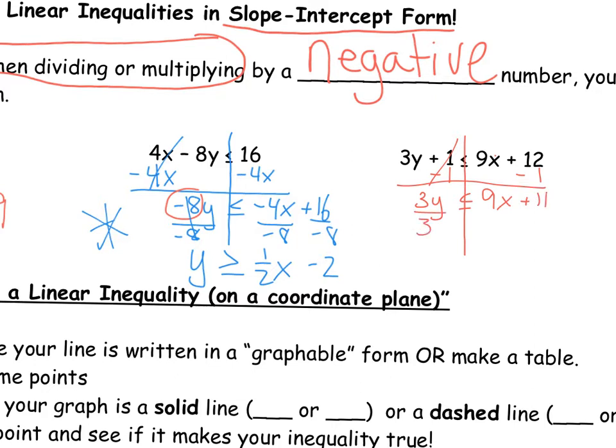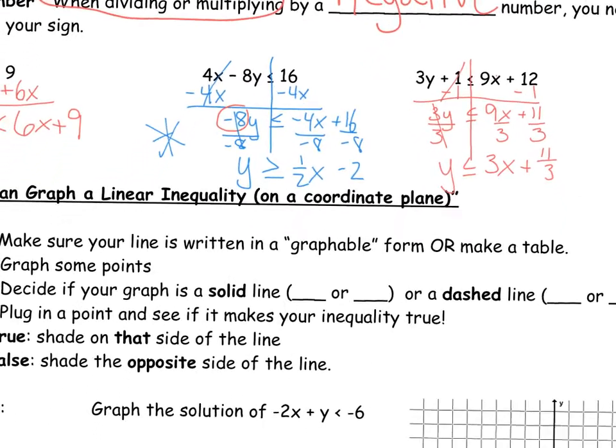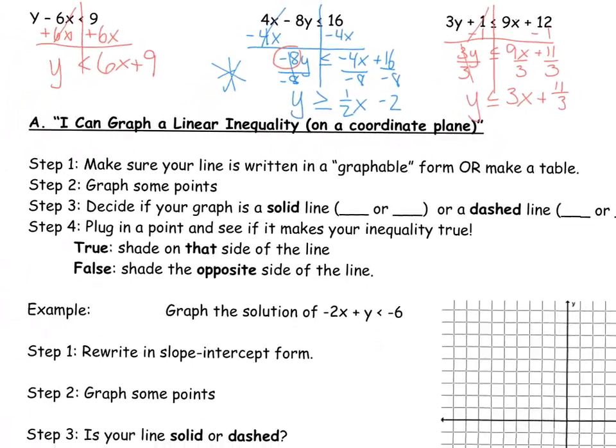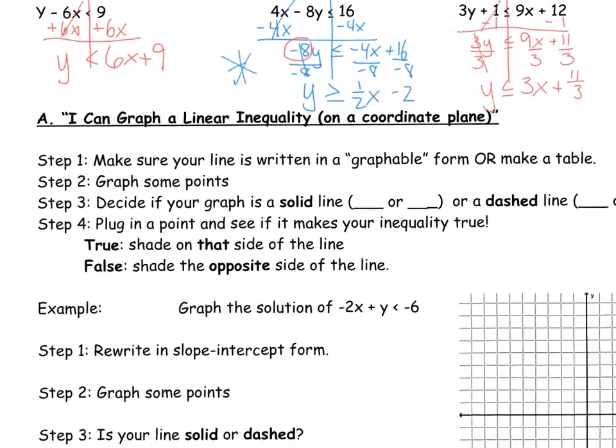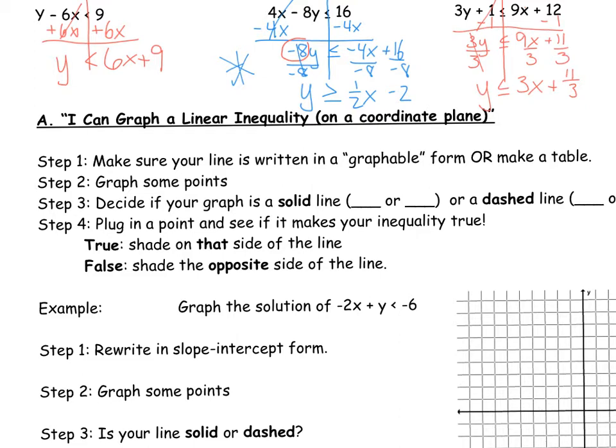Divide by 3. And y is less than or equal to 3x plus, I'm just going to write it as 11 over 3. That's it. Again, pause, write down whatever you need to as I roll on.